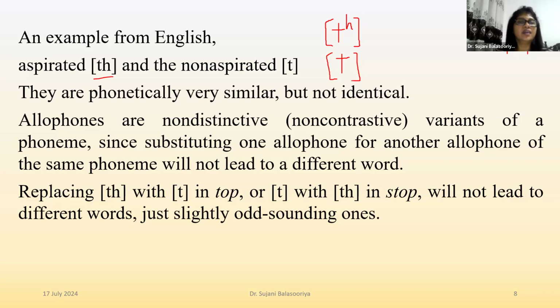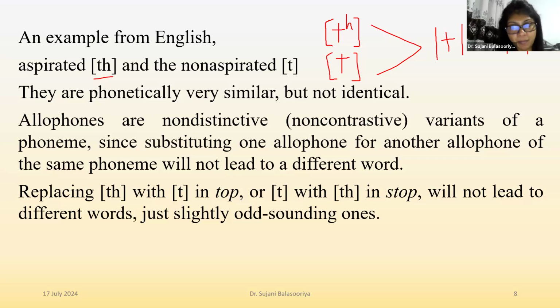I hope you understood the point. So these are the two allophones of the phoneme T. We can write it like this.